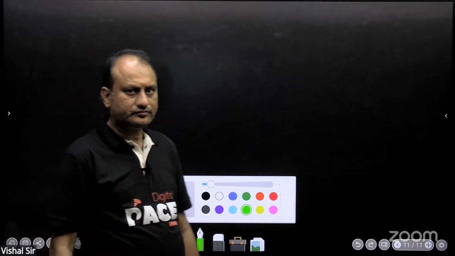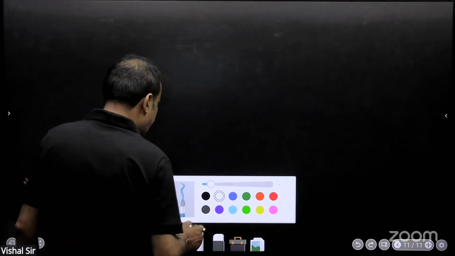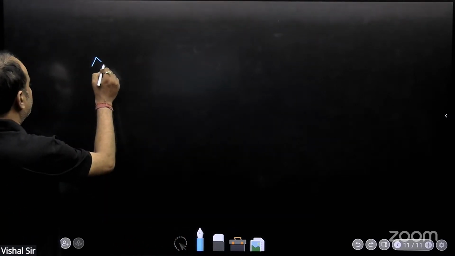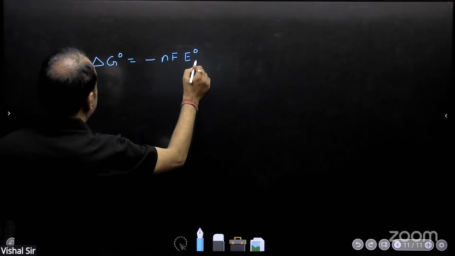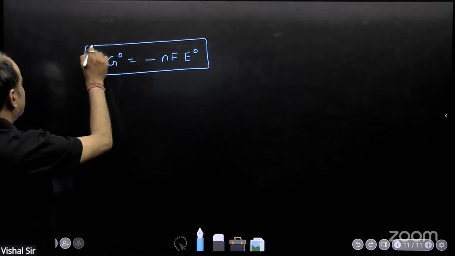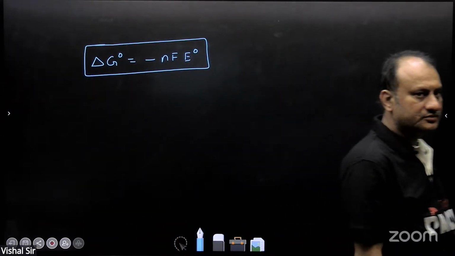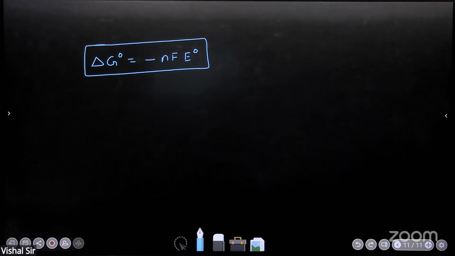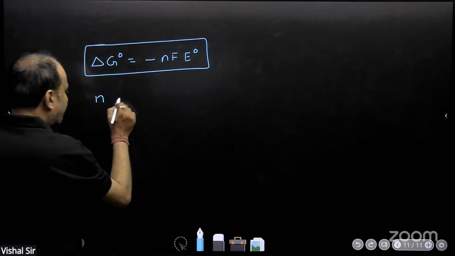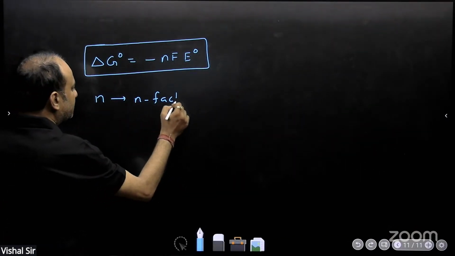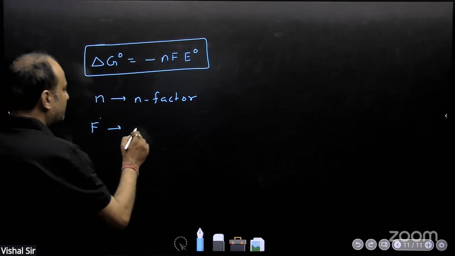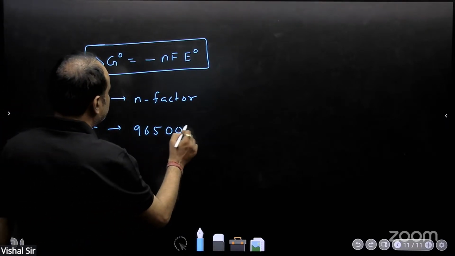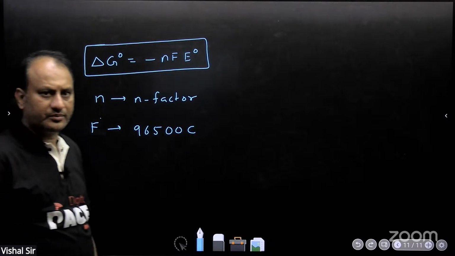So what we can see here, one relation, delta G naught of any reaction can be given as minus nFE naught, where n is the n factor, F is Faraday, that is charge on 1 mole electrons, whose value we take as 96500 coulombs.